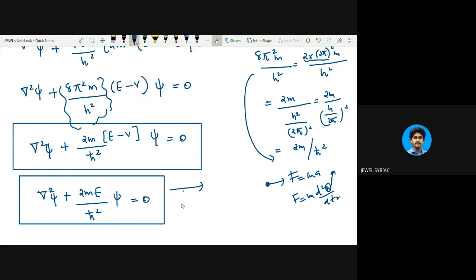Similarly, a system of quantum particles, or a single particle which shows dual behavior, wave property and particle property, should obey Schrodinger's equation. That is the importance of Schrodinger's equation.